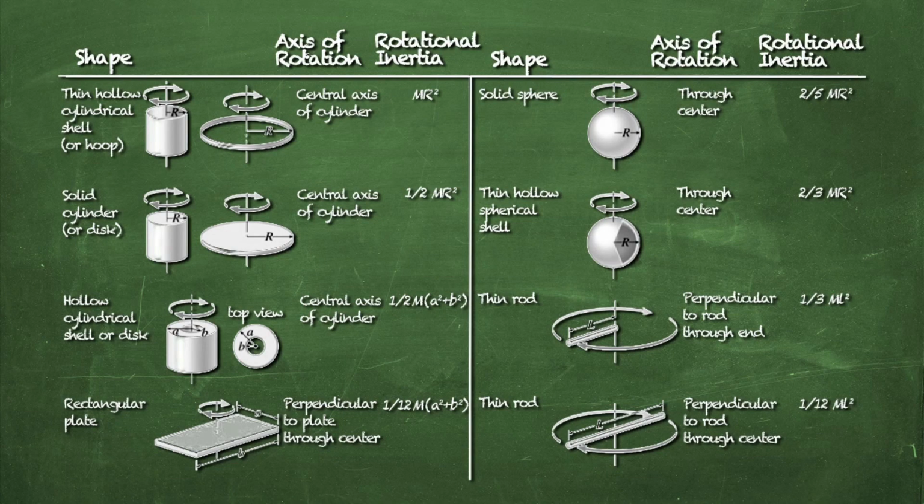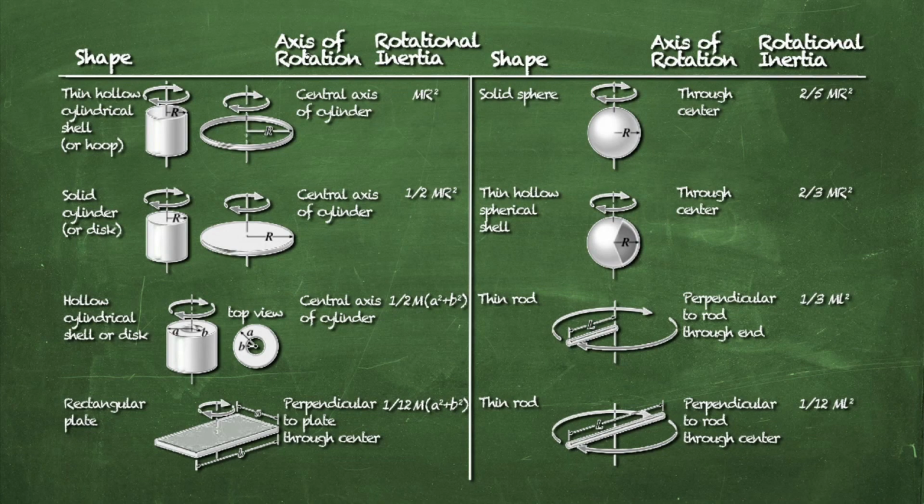It's a little bit heavier on one end, so that would change things a little bit. But as a first approximation, if we imagine that a baseball bat were a uniform rod, then its rotational inertia would be 1/3 of its mass times its length squared. So once again, a mass times a distance squared.